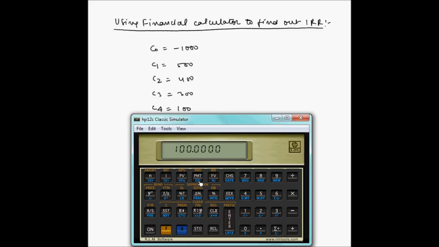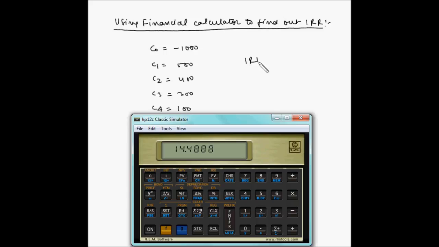So now we have entered all the cash flows, and now we have to find out the IRR. So you can see this IRR written here in front of this button. So this will get activated when I press this F button here. So now I can press on IRR. So IRR is 14.4888.